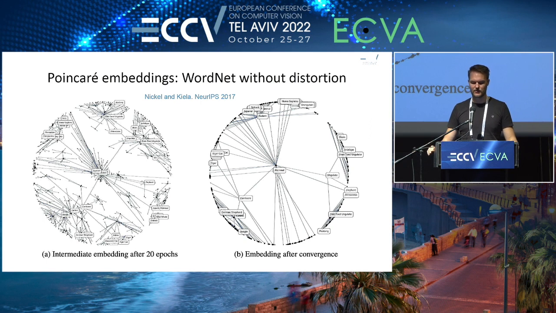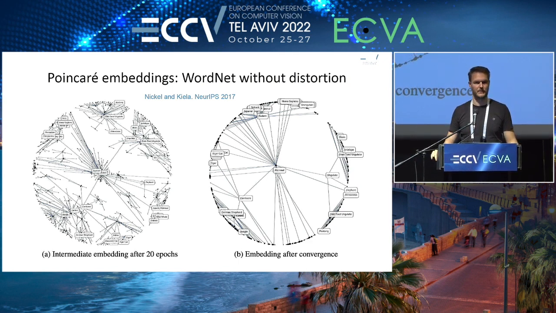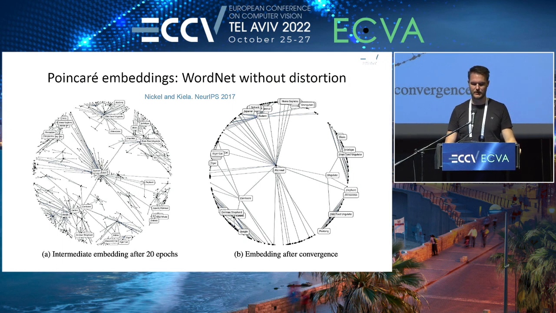So what they did was they said, well, we're going to use this Poincaré ball model, and every node in WordNet becomes a point in this ball model. So a point in hyperbolic space, such that the position of these points represents the hierarchical similarities very well. And we'll talk about how you can measure this.